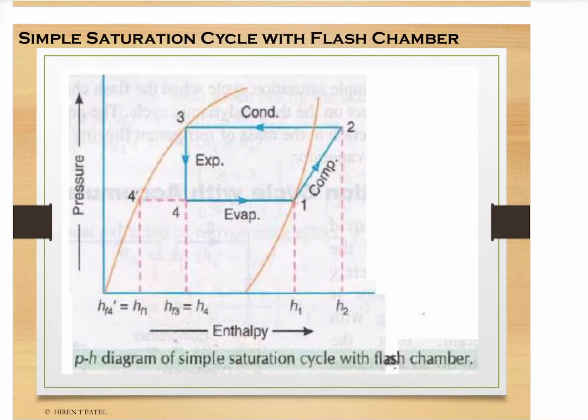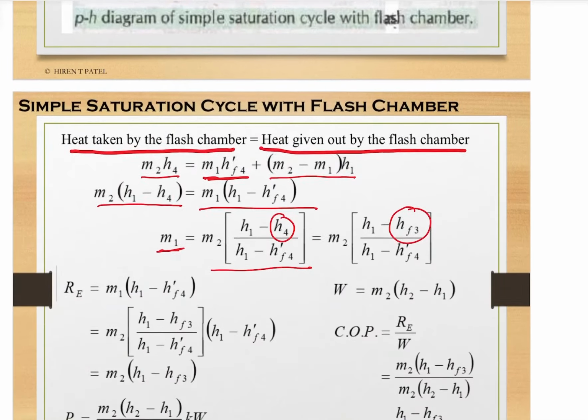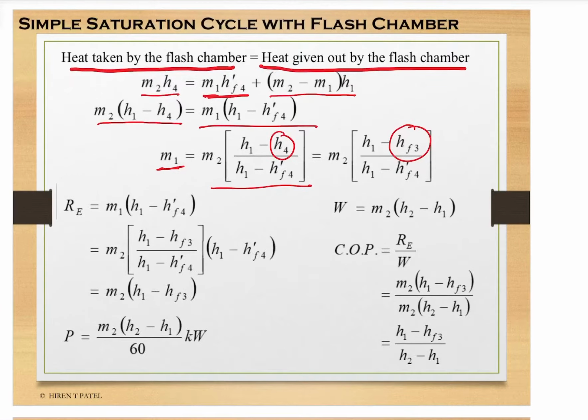Here you can see inside the p-h chart that at 4 and 3 the enthalpy is the same. The refrigerating effect is M1 (H1 minus hf4 dash), and replacing the value of M1 from this equation, we get the refrigerating effect RE equal to M2 (H1 minus hf3).